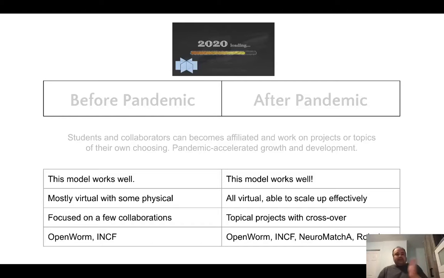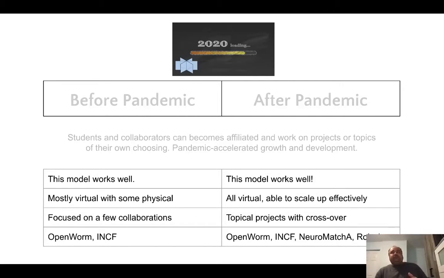This table tells us what happened before and after the pandemic. So how did things change? Well, this model worked well before the pandemic, but after it hit, the model works really well. It turns out that we did most things virtually before the pandemic, and we did some things in person. But after the pandemic, everything became virtual.